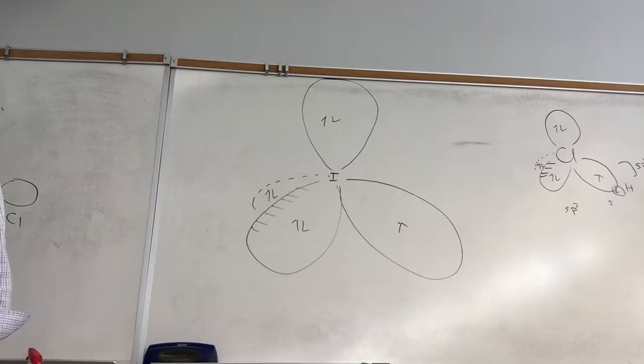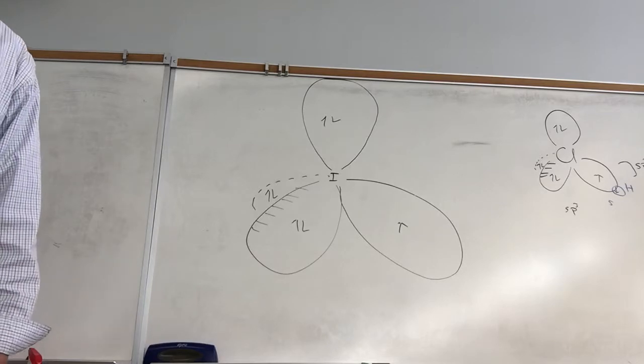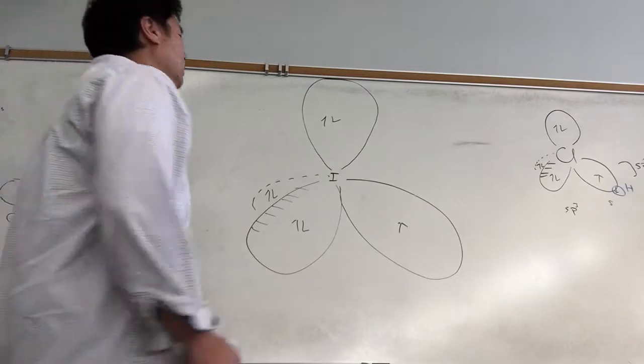But if we hybridize everything, then we're going to be off for large atoms like iodine. And so what I found to work the easiest is to hybridize everything. It'd be easier.